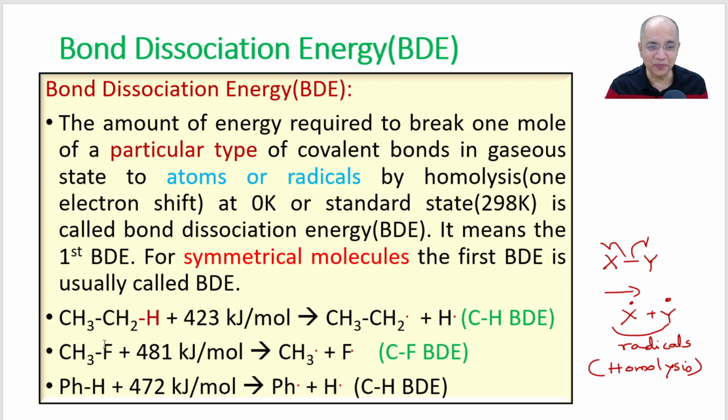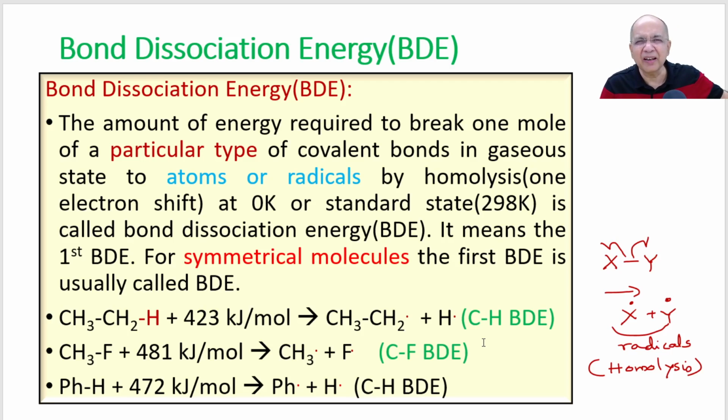Right? For example, in ethane, the first CH bond breaking requires this much energy. That means the BDE of CH in ethane, you have to mention that, is 423 kilojoules per mole. It is not the same if you break the CH bond in another molecule. It might be slightly different, we'll talk about that.